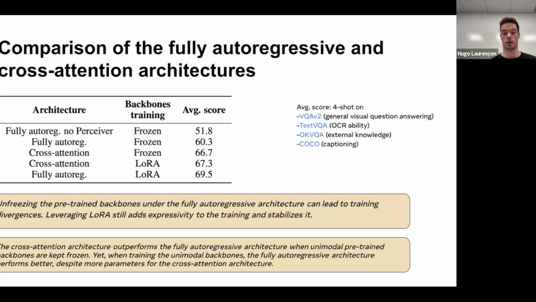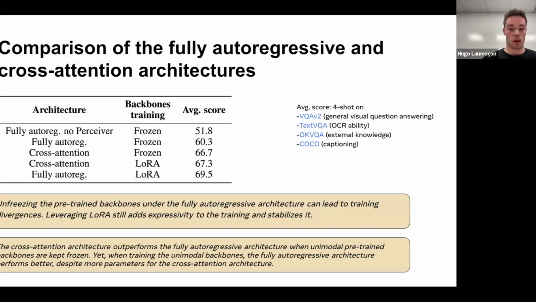These are standard benchmarks for vision language models. And we essentially compared the performance of these two architectures while keeping the backbones, so the language model and the vision encoder, either frozen during the training or trained with additional parameters, like for example, with a LoRA approach.